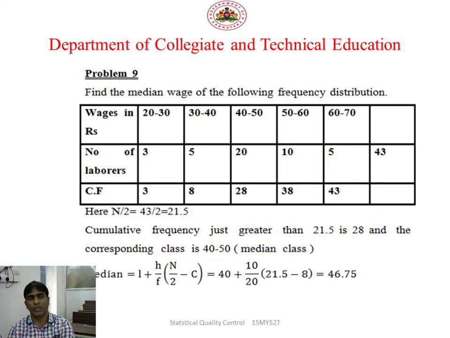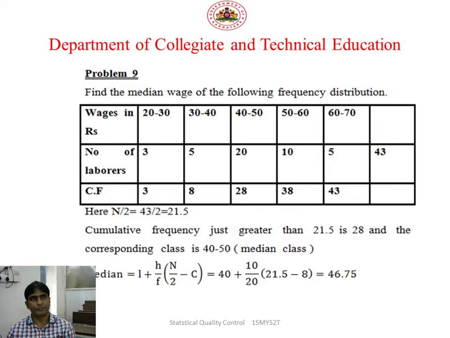Next, we go on adding the subsequent frequencies. The first one is 3, next 3 plus 5 is 8, 8 plus 20 is 28, 28 plus 10 is 38, 38 plus 5 is 43. You should see that this 43 and 43 are the same.